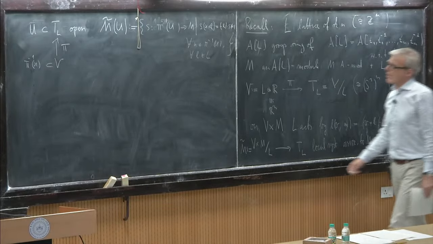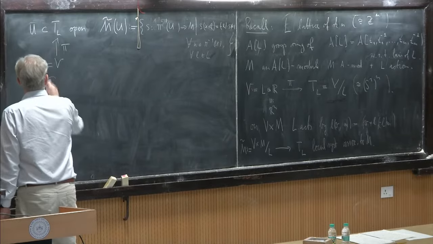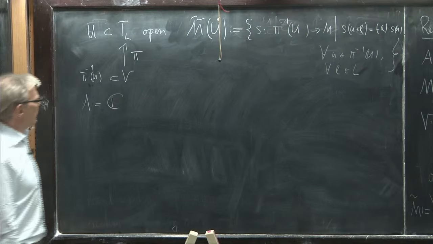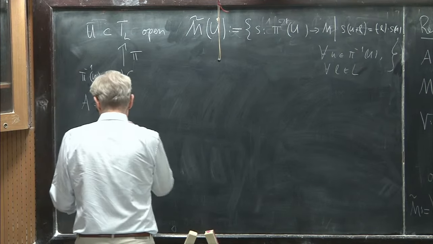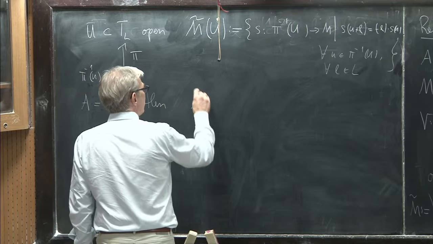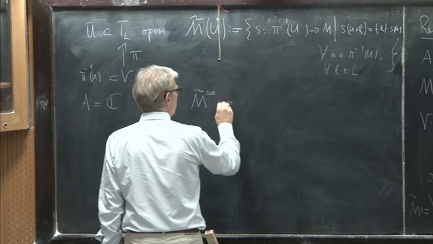But now there is even a very important case. When we go to the complex coefficients here, then we consider the associated vector bundle, a C infinity vector bundle.